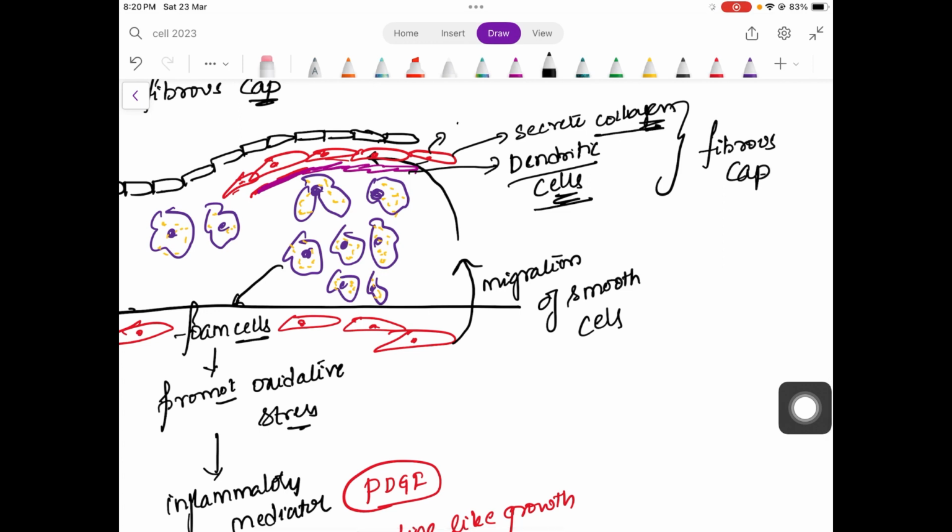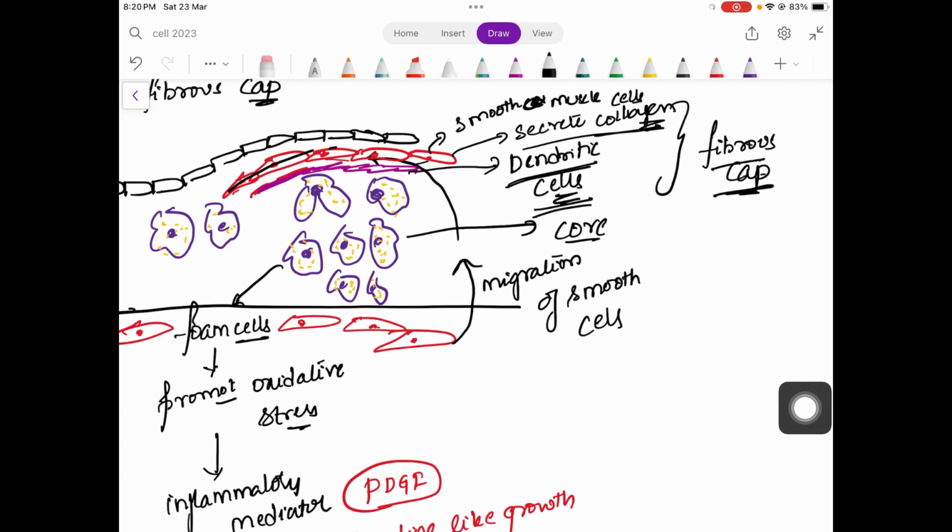So these are smooth muscle cells which secrete collagen, and along with the collagen and dendritic cells, they will form a fibrous cap. So this is a cap and this is the core. The core will have fatty streak and foam cells.